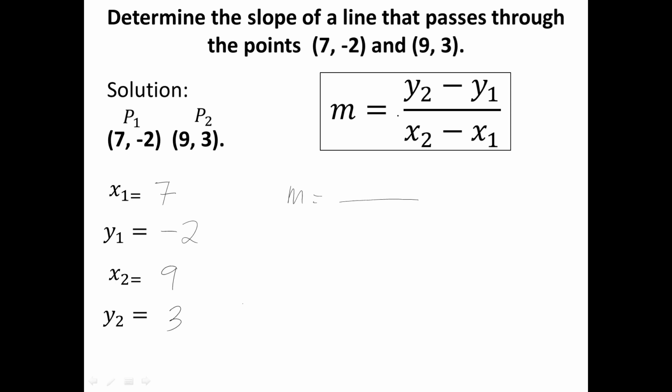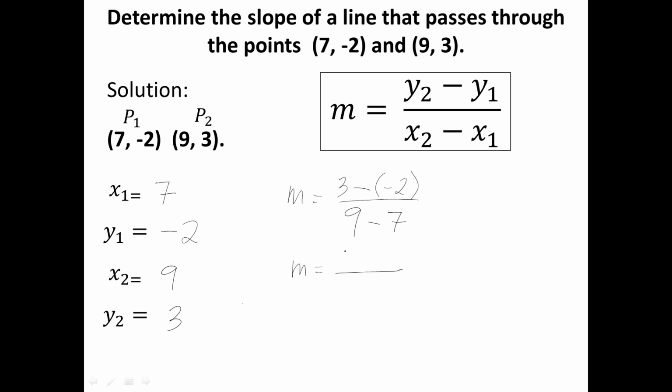The slope is equal to y sub 2, which is 3, minus the y sub 1, which is negative 2. We put it inside parentheses. For the denominator, x sub 2, we have 9 minus 7.